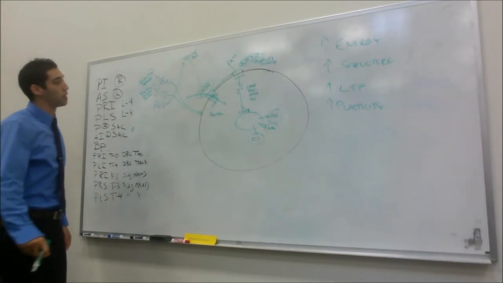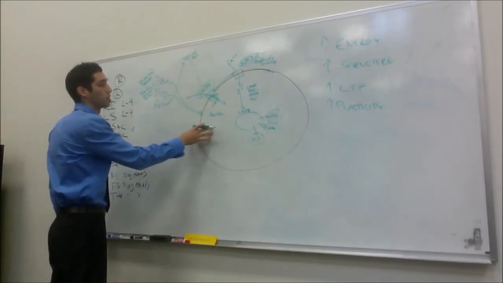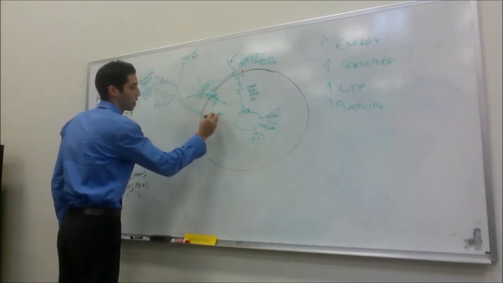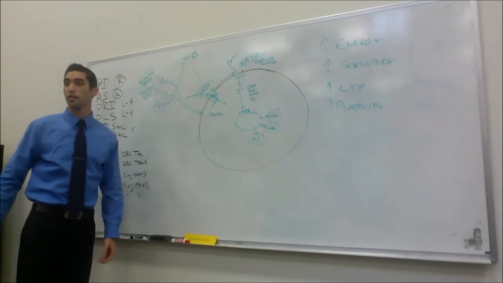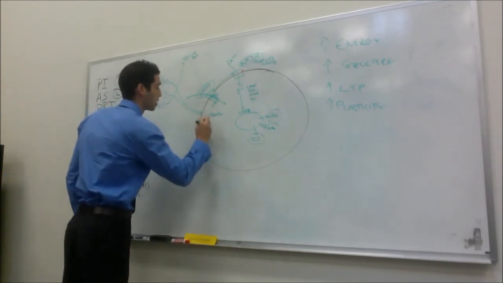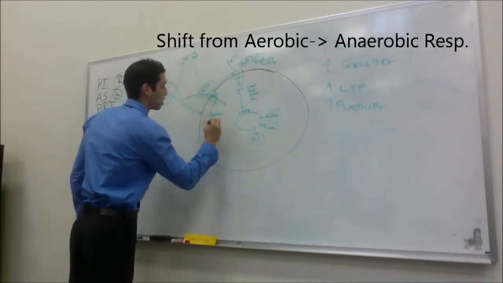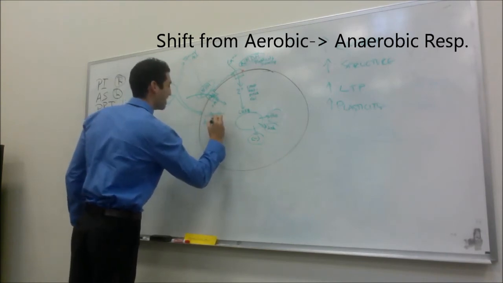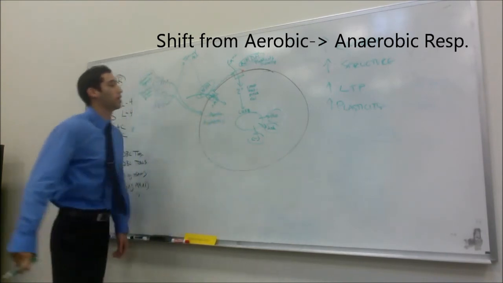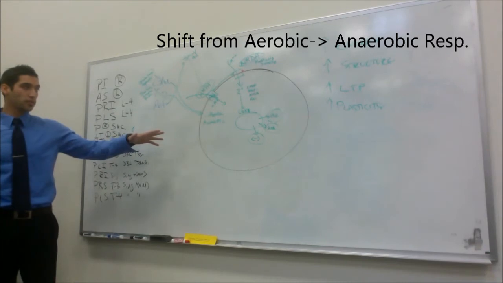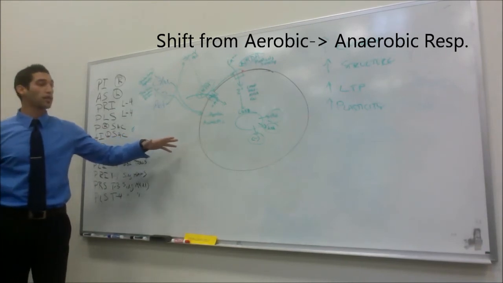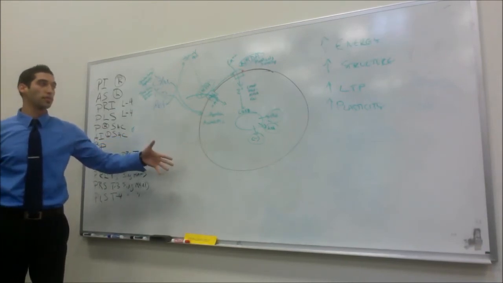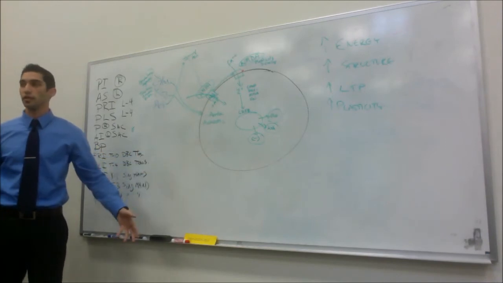So now the cell loses the ability to run on aerobic respiration, and it's going to move into anaerobic, and most of you probably know that's not the most efficient way to create energy.